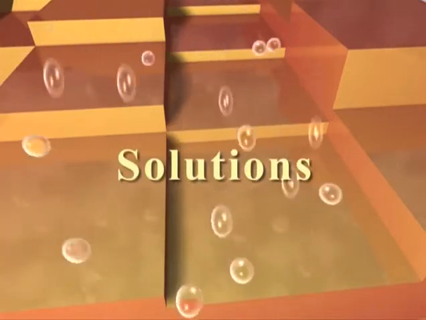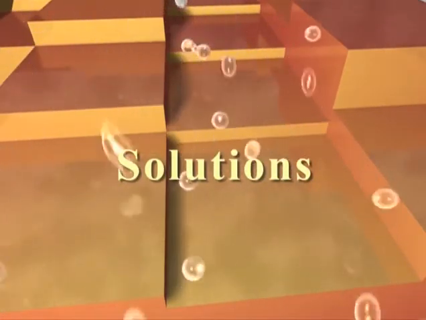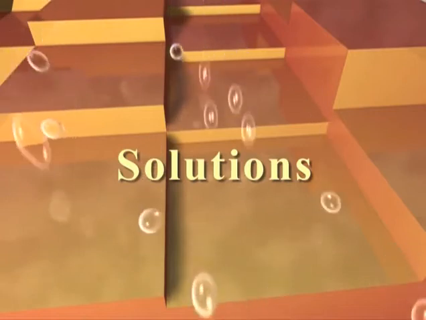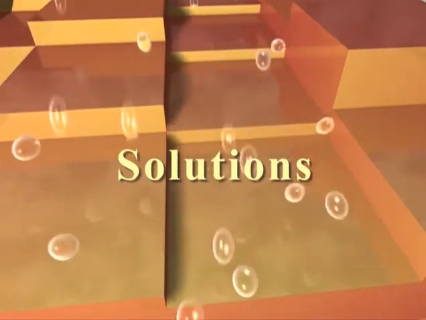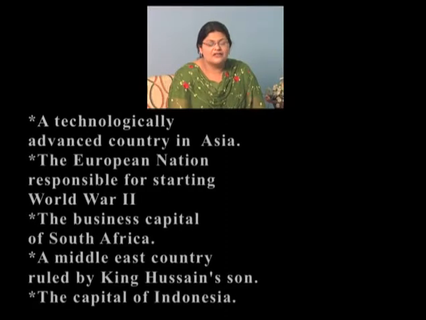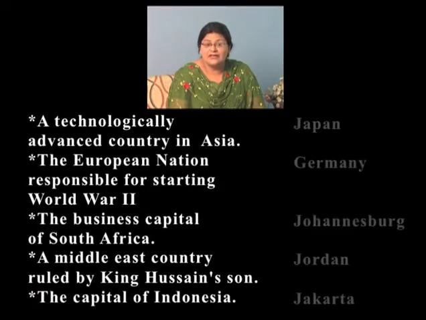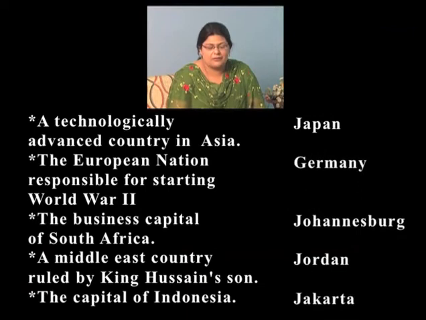Were you able to attempt that activity? I hope your workbooks were open and your pens were ready. And of course, once you started matching the columns, you did it all right. The solutions. A technologically advanced country in Asia is, yes, Japan.